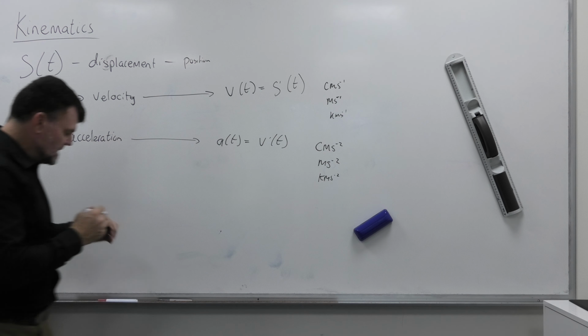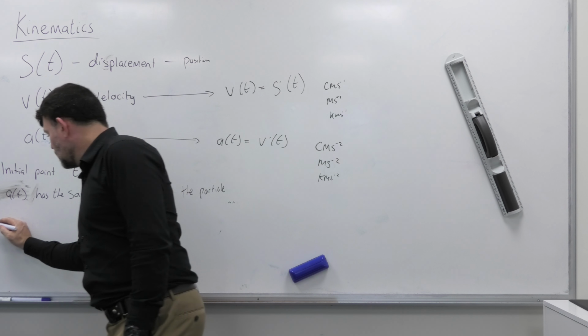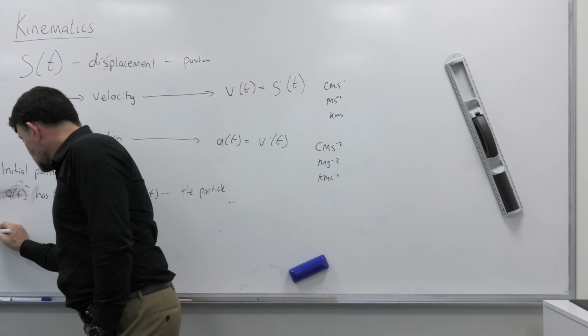Another thing that we need to remember when it comes to kinematics is to know when a particle is changing. We know that the particle changes direction when v of t is equal to 0.